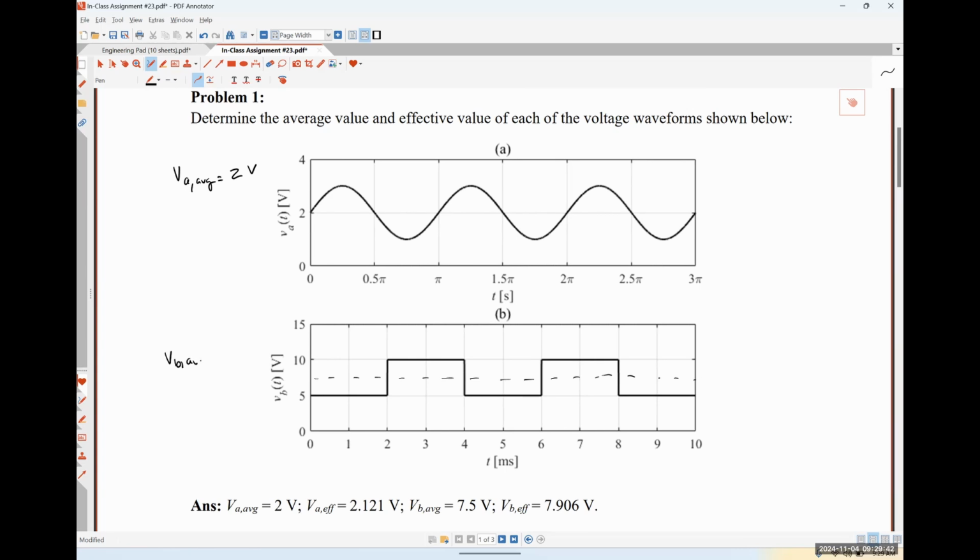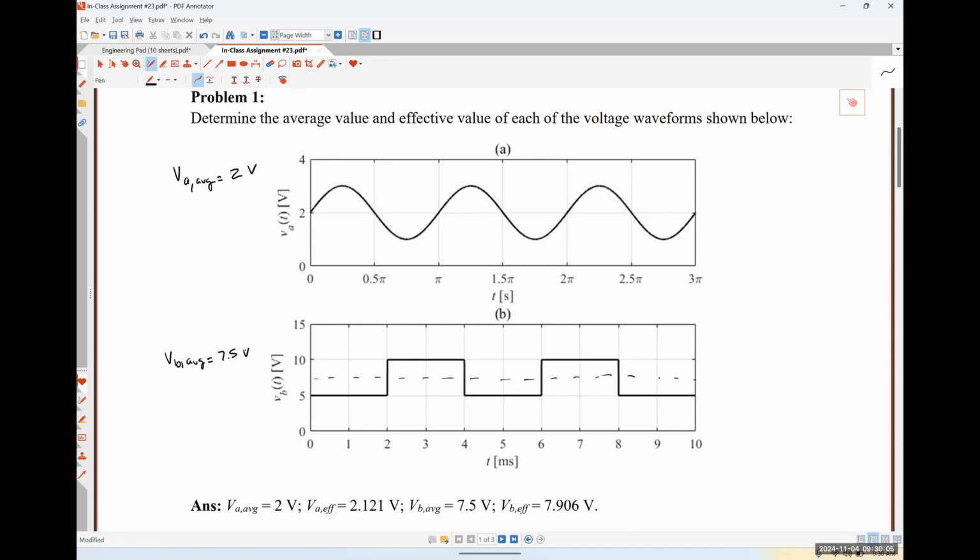So VB average looks to be 7.5. To find our effective values, part B is going to be much easier than part A. So let's do part B first.